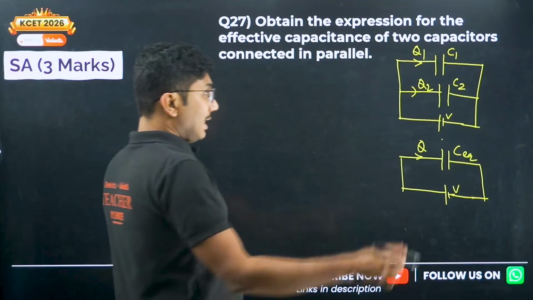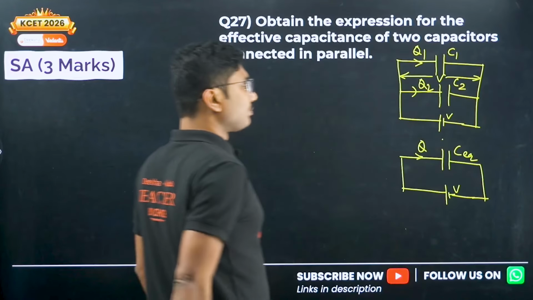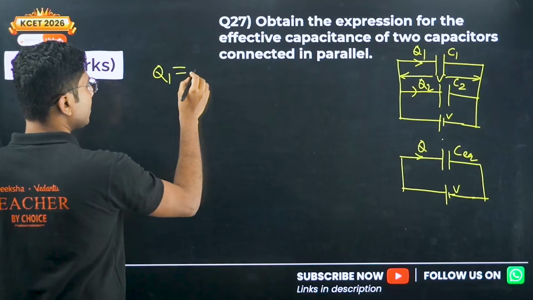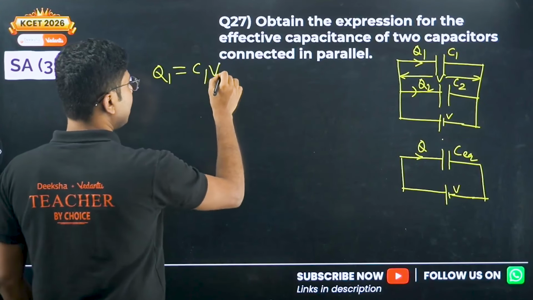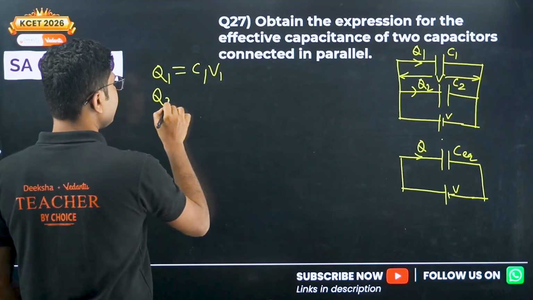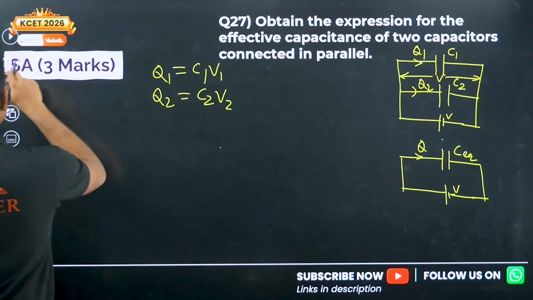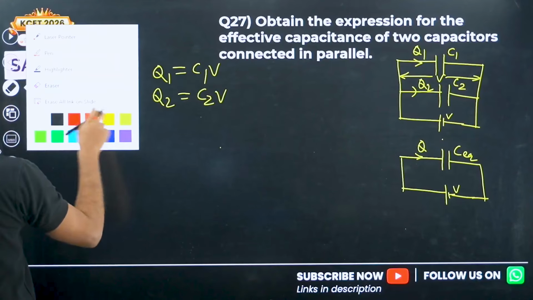In parallel combination the voltage remains same across both capacitors. So from there we can say Q1 equals C1 V1 and Q2 equals C2 V2, or because the voltages are same, let me just write them as C1V and C2V.